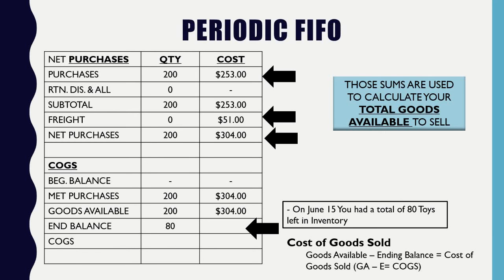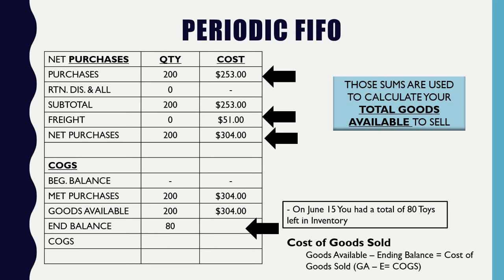Now, there is a section for the returns and allowances, which we will look into when we apply everything on Monday. Okay, so we're going to have a few returns, and we're going to apply them and see how they affect our inventory.